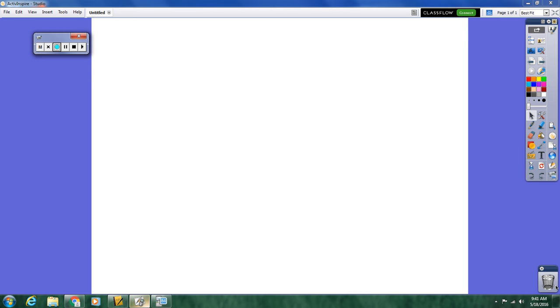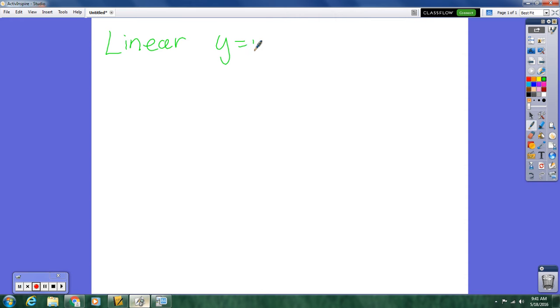Okay, so transformations of graphs. Remember, I'm going to go through this quickly because there are several things we're going to do today. We've got linear, and what's our linear equation we always work with? Y equals mx plus b.